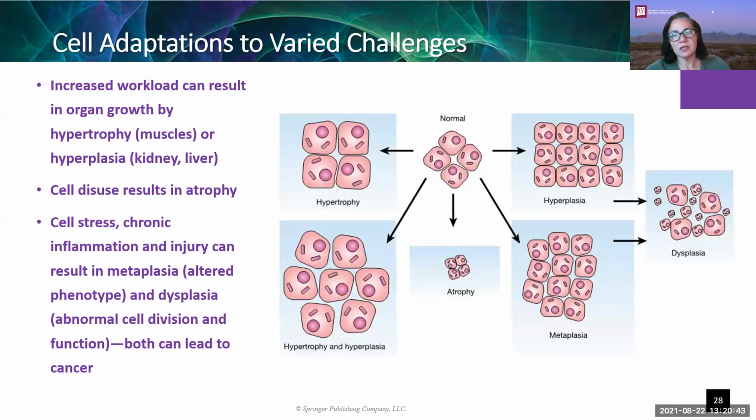Several examples of where that happens: in the airways of people who smoke, the pseudostratified columnar epithelium that has the cilia on it dies off and gets replaced by cells in multiple layers, but they're not very good at getting the gunk out of the lungs.